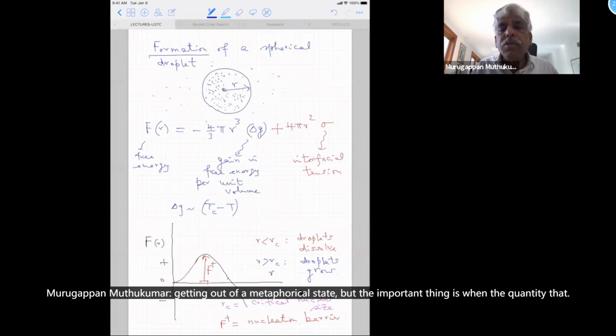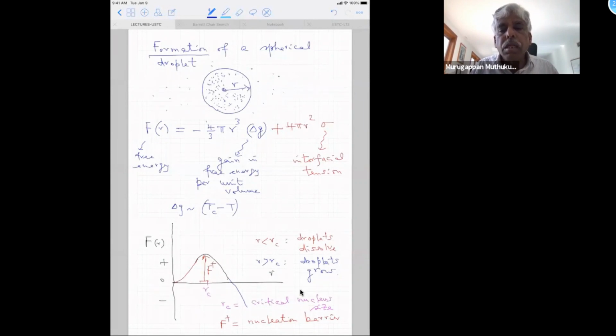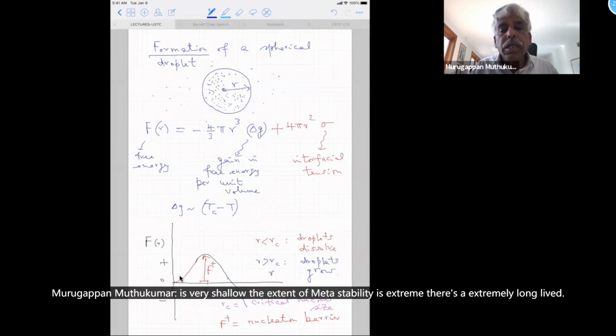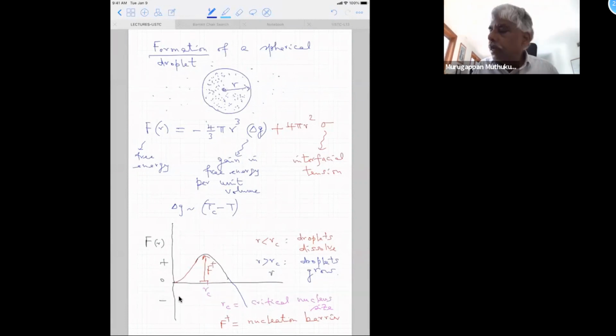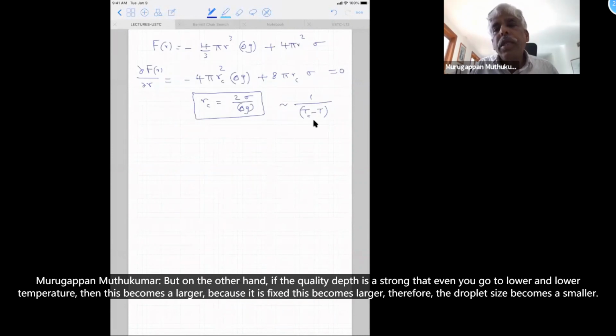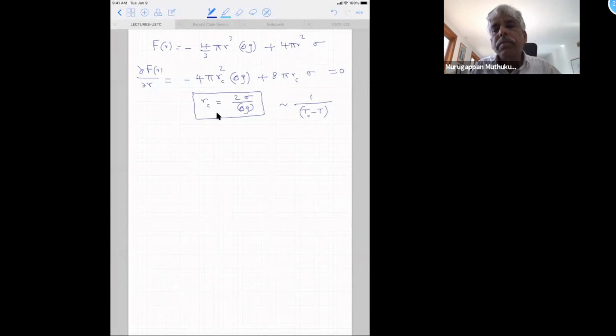But the important thing is when the quench depth is very shallow, the extent of metastability is extreme. So it's extremely long-lived. On the other hand, if the quench depth is strong, that is when you go to lower and lower temperature, then this becomes larger because Tc is fixed. Therefore, the droplet size becomes smaller.